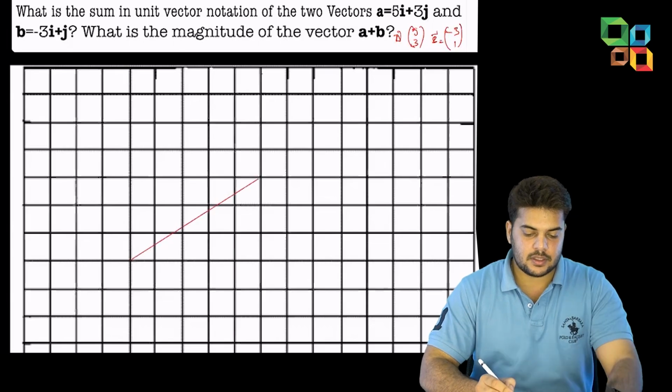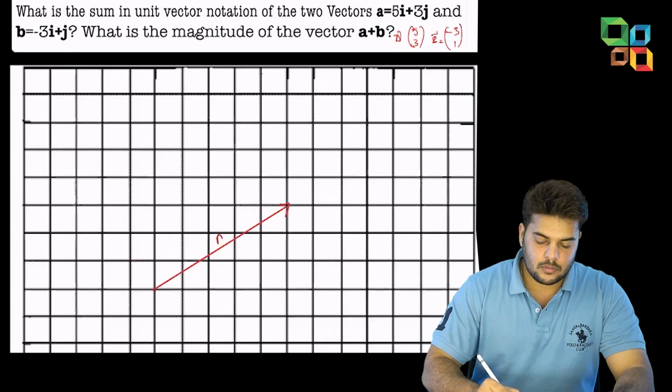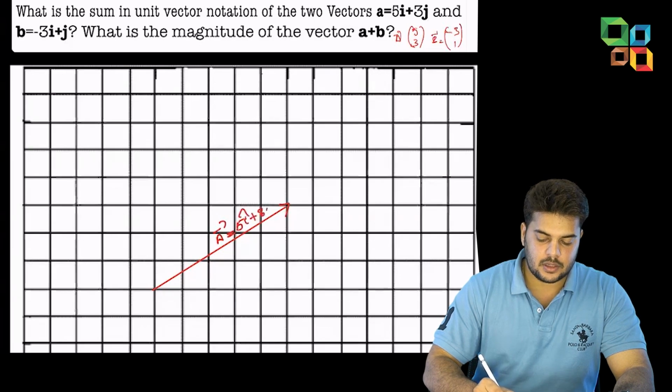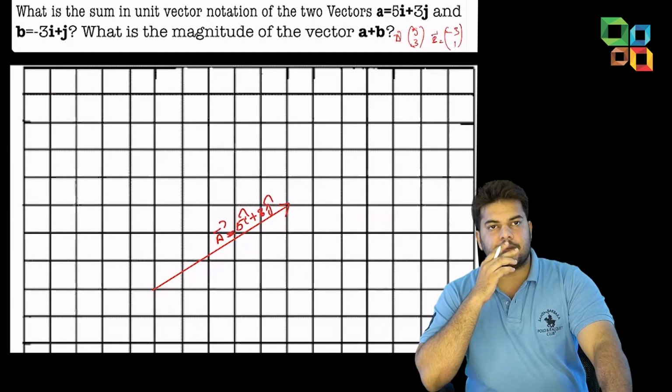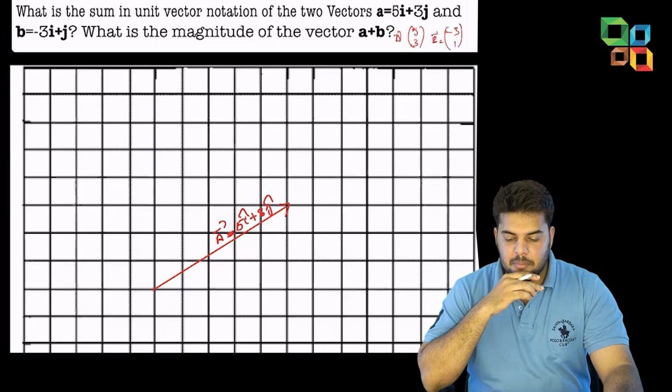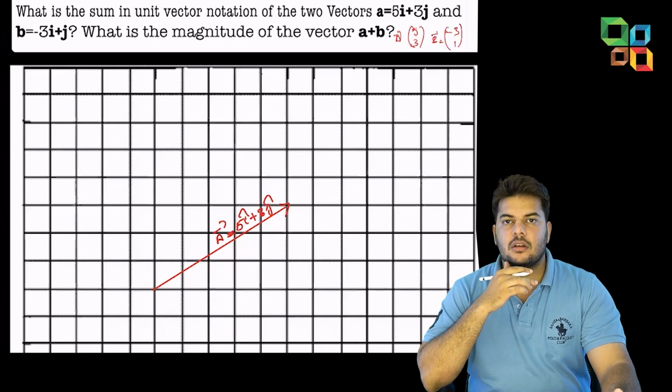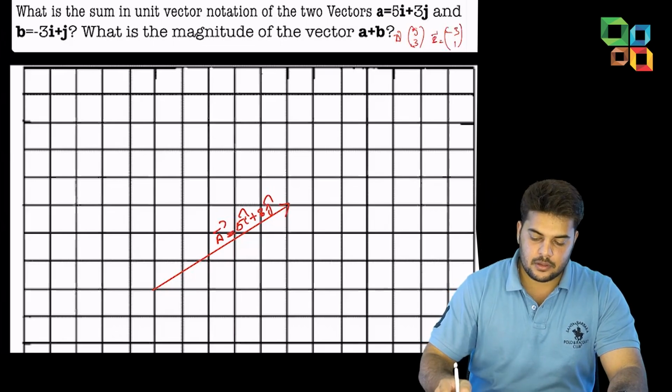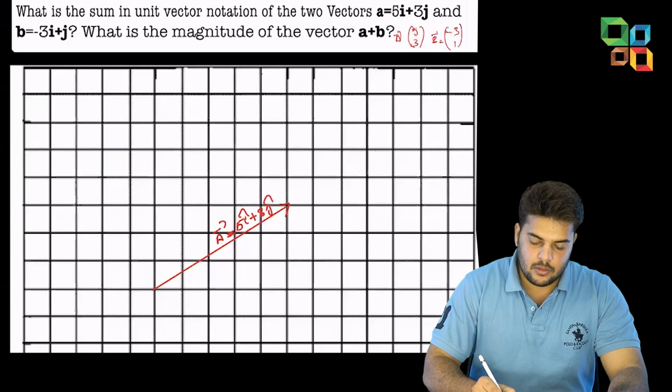Did I get it right? One second, let me have a thicker one. This is A. This is 5i plus 3j. Is it correct? Just count the steps there. 5i plus 3j. And B is negative 3 and 1.